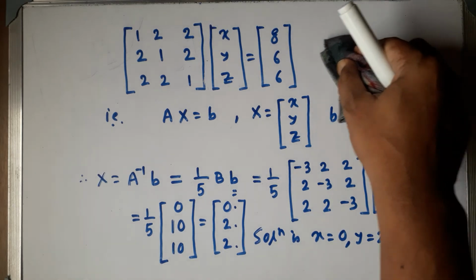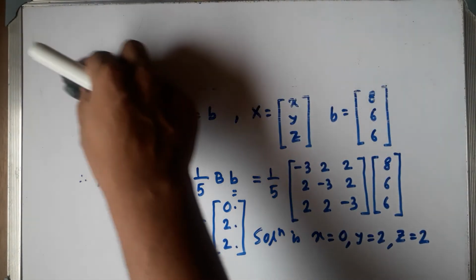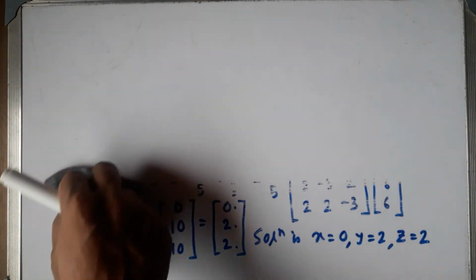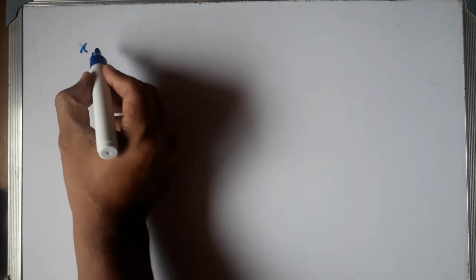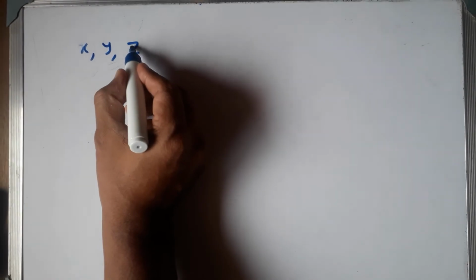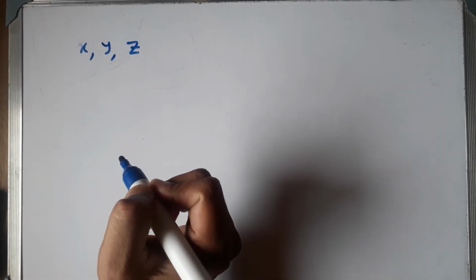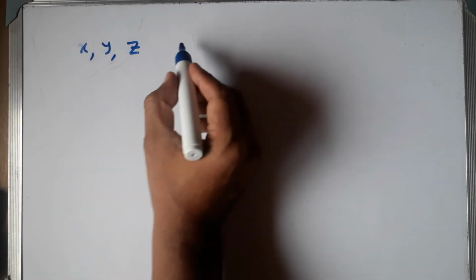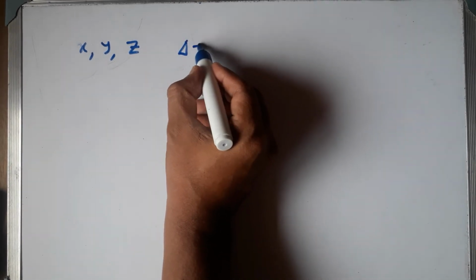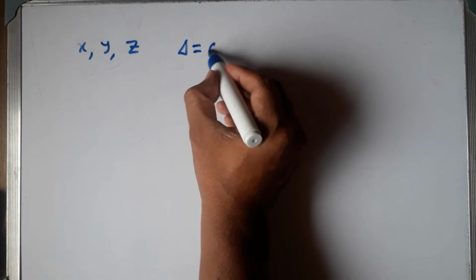Now I shall discuss the method, Cramer's rule, for 3 variables. Suppose the system of equations involves 3 variables x, y and z. We shall calculate delta, the coefficient determinant.